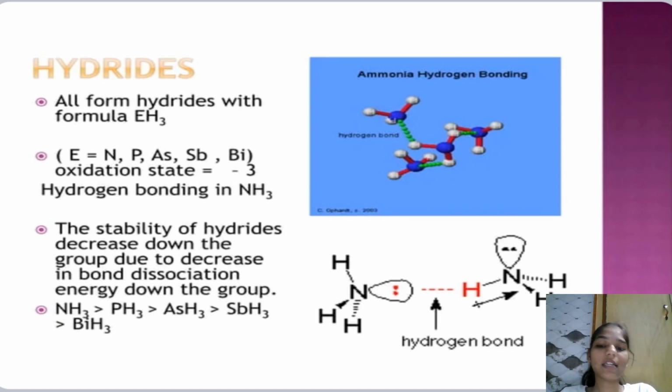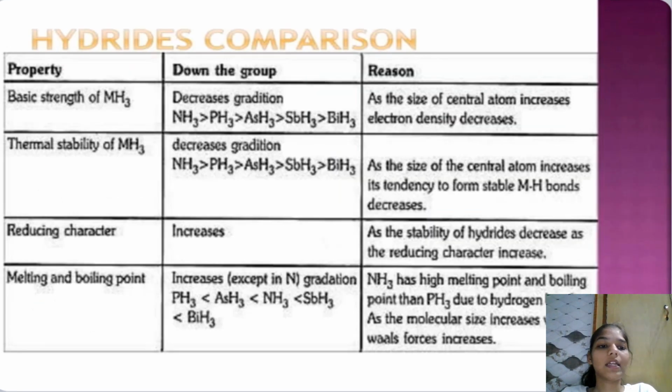So the hydrides which are more stable are of nitrogen, then phosphorus, then arsenic, then antimony, then bismuth. Next are hydrides comparison.